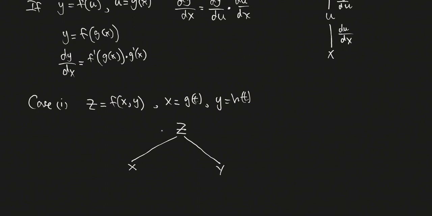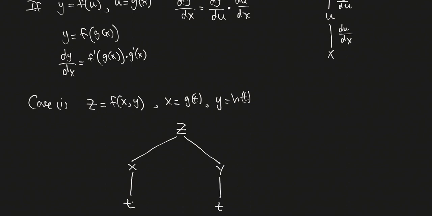But then when I look at these two equations, they tell me that x depends on t and also y depends on t. So I need another set of branches, one from x going down to the letter t, and then one from y going down to the letter t.